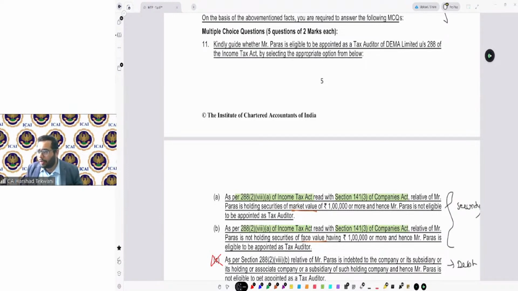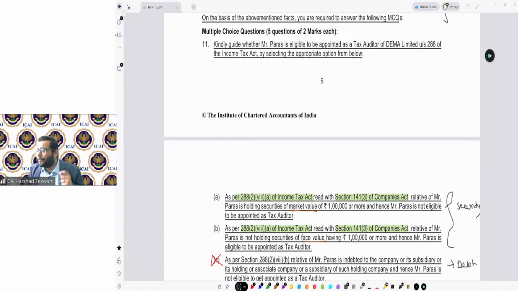For the relative, the provision says that holding security in the company or in its holding company or subsidiary company, provided the relative may hold security in the company of face value not exceeding 1,000 rupees or such amount as may be prescribed, which is again the limit for the security, prescribed as 1 lakh rupees.